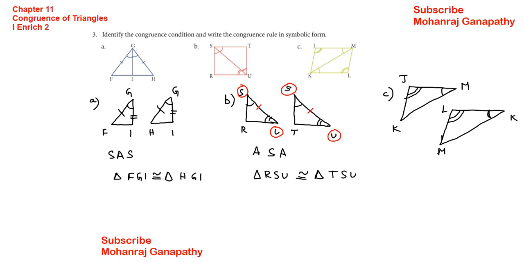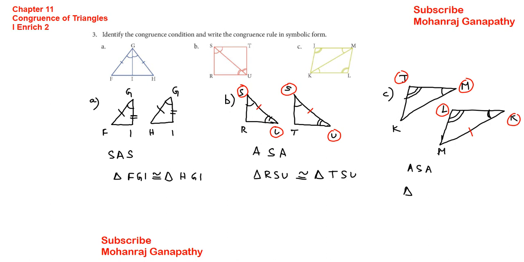Angle, side, angle. So two angles are equal. JL and MK are similar; there is a common side between them. Angle, side, angle congruence.